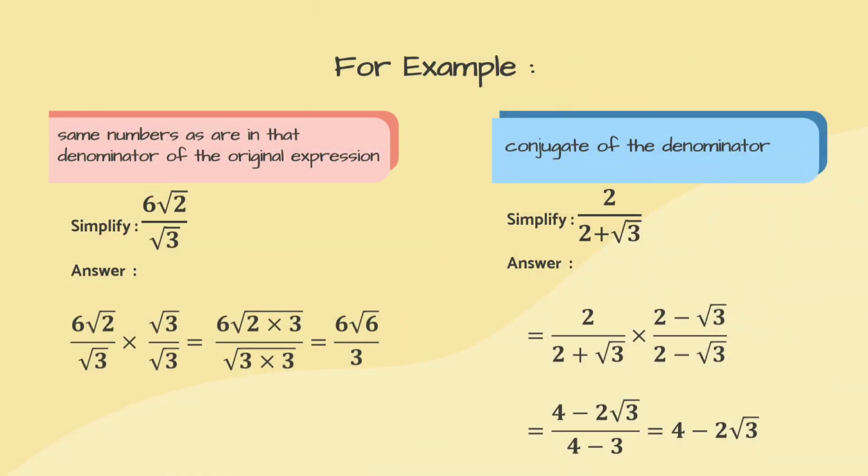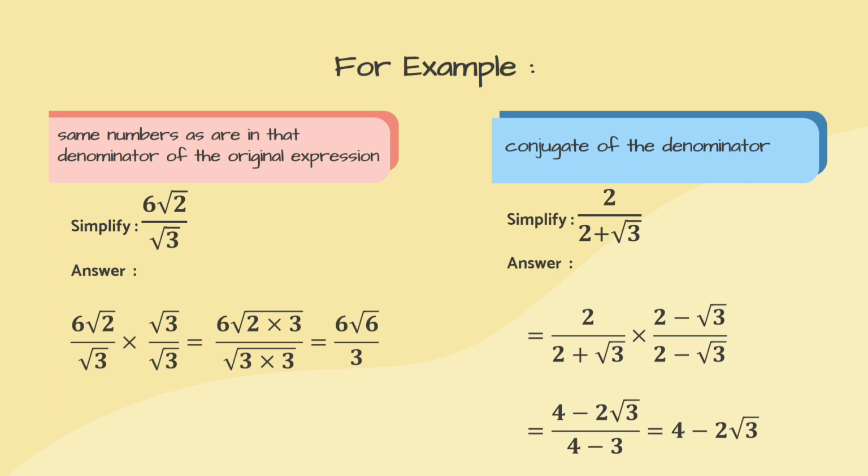To give you an example for same numbers as are in the denominator of the original expression, simplify 6 times the square root of 2 over the square root of 3. How can we rationalize it? If we want to rationalize this expression, we can multiply this expression with same numbers as are in the denominator of the original expression.